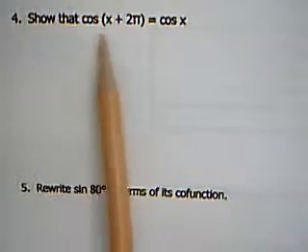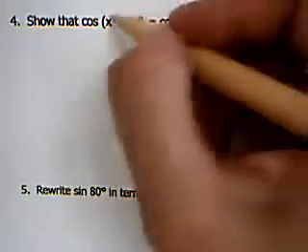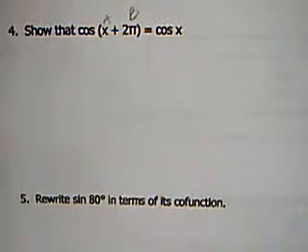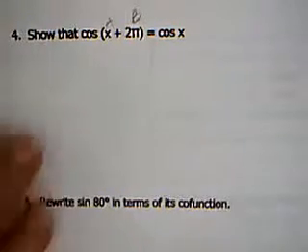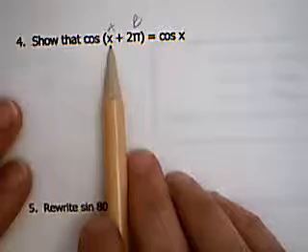So again, this is a cosine of a sum. X would be like angle A, 2 pi would be like angle B in our formula. So we can use that cosine of A plus B for this problem to verify.